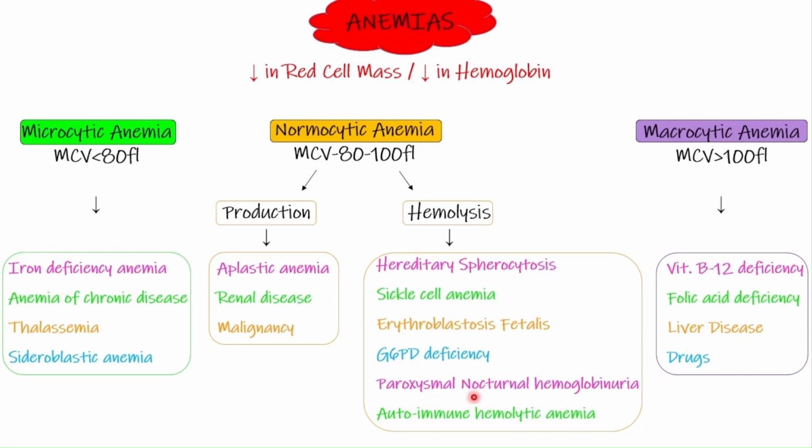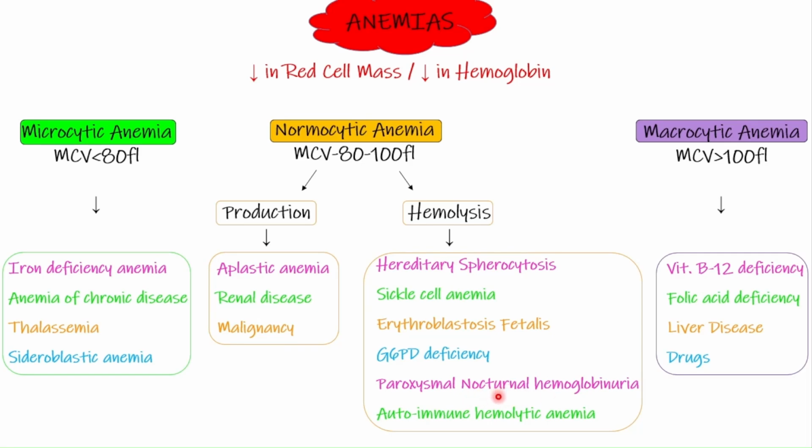Then we have paroxysmal nocturnal hemoglobinuria. Now, hemoglobinuria: uria is from the urine and hemoglobin is hemoglobin. So if hemoglobin starts appearing in the urine, that is hemoglobinuria. In paroxysmal nocturnal hemoglobinuria, there is hemolysis, and that hemolysis takes place at night.